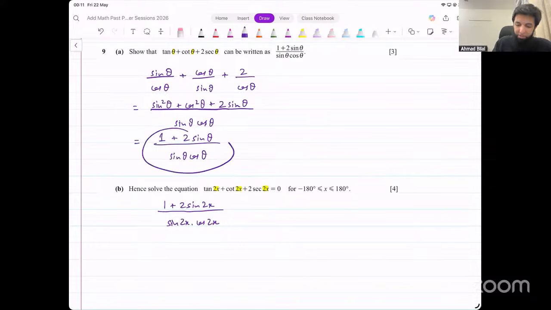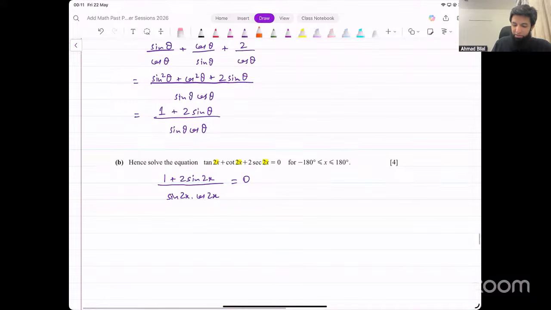So this same expression, just replace theta with 2x. On the other side, you have 0. Now, since on the other side you've got 0, this denominator goes to the other side, gets multiplied by 0 and disappears. And you're just left with 1 plus 2 sine 2x equal to 0. And the value of sine 2x is going to be negative 1 over 2.